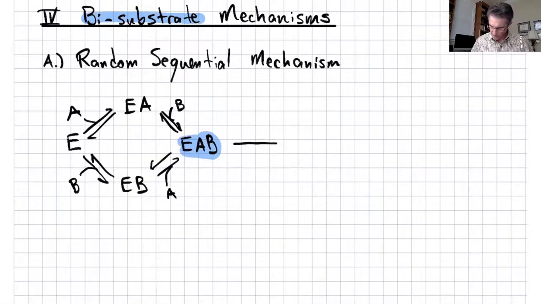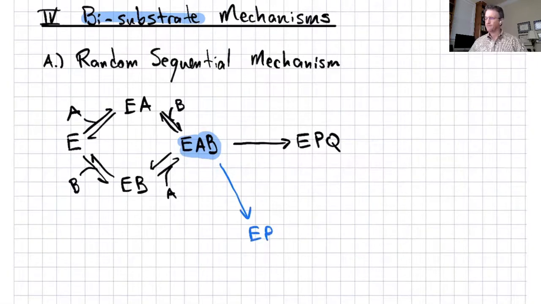This would then go on to either, in the case of a group transfer reaction, E, P, and Q, or in the case of a condensation reaction, it might just be EP, which would then decay to E plus P. In the case of a group transfer reaction, there are two products, and we now have to let them both go.